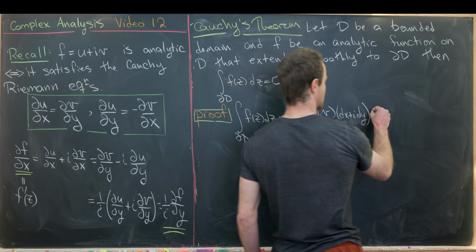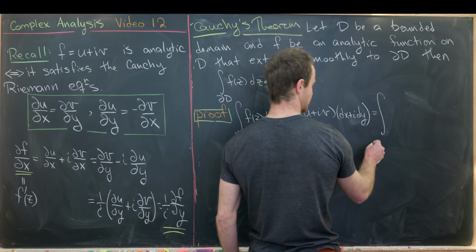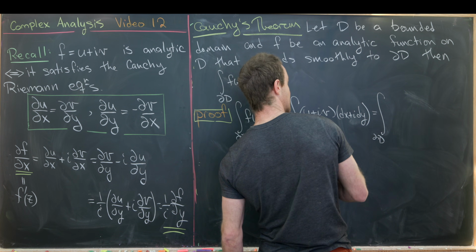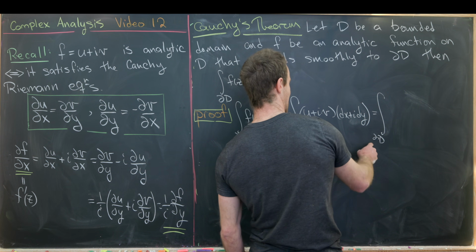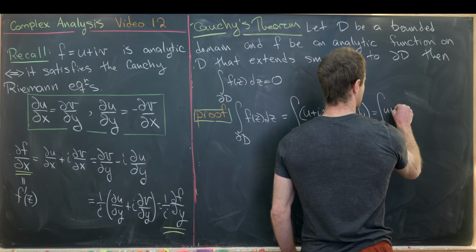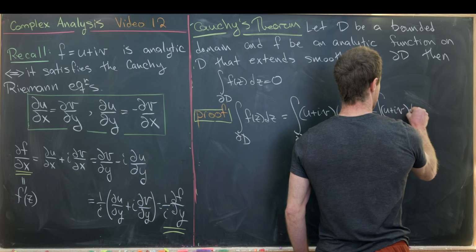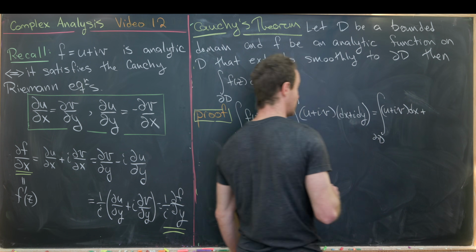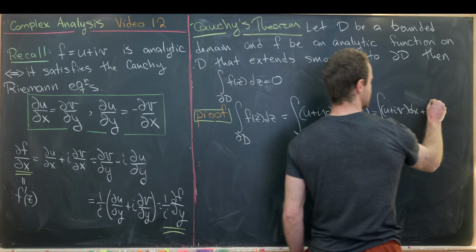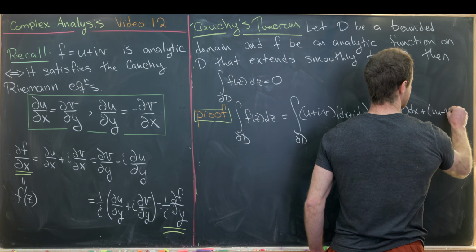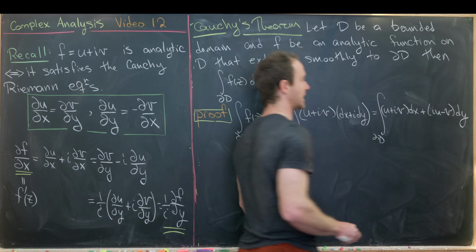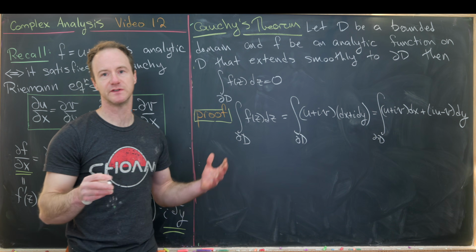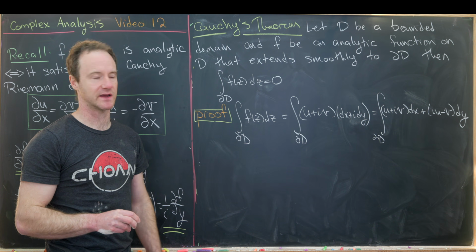Okay, so now let's multiply this together. So this is going to be the integral over the boundary of D of (u plus iv) dx, and then plus (iu minus v) dy. So that's what we get if we decompose it into its dx and dy components.